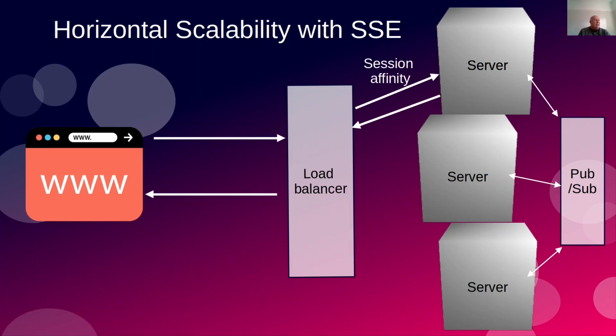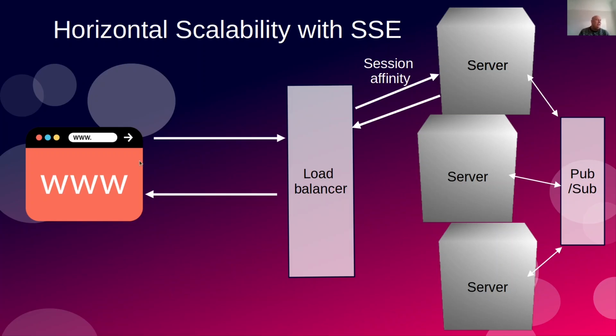And then secondly, if we have a source of messages, we have to make sure that that source of messages is going to all of our server instances. So we can do that with something like a PubSub service, for example, Redis PubSub or Kafka or RabbitMQ or some other kind of messaging queue.